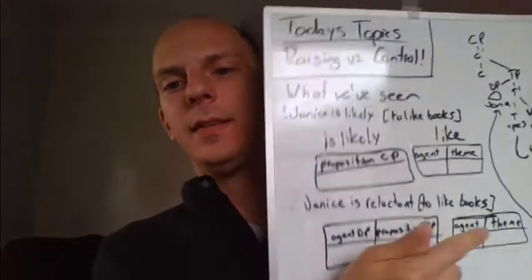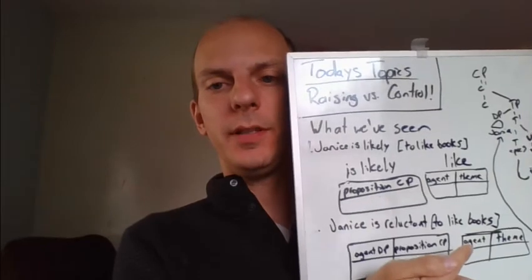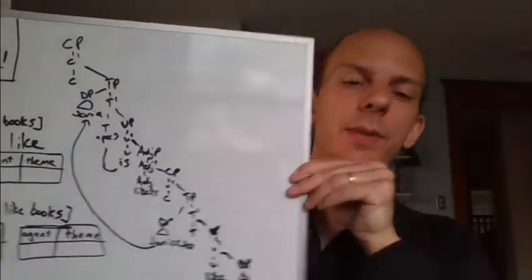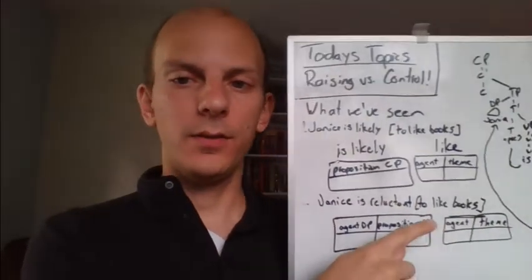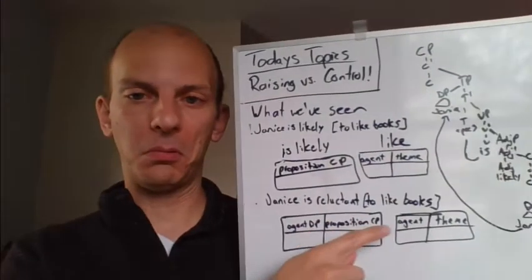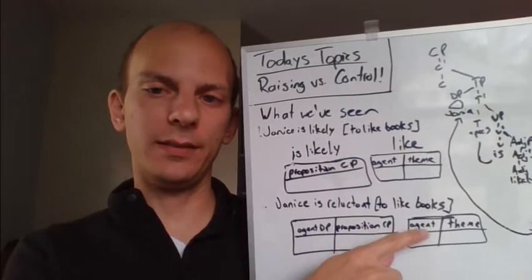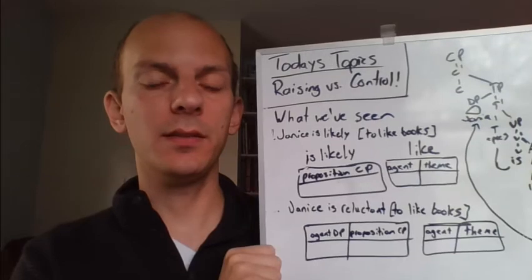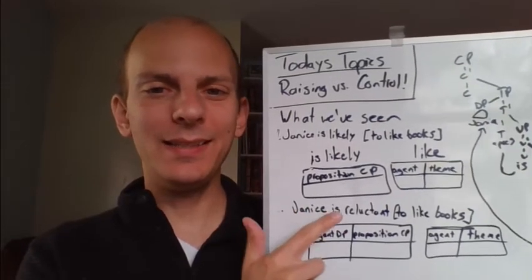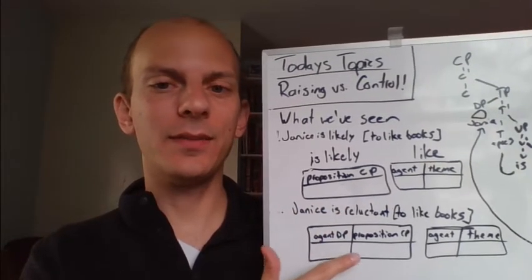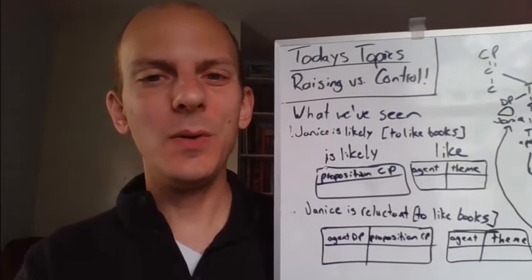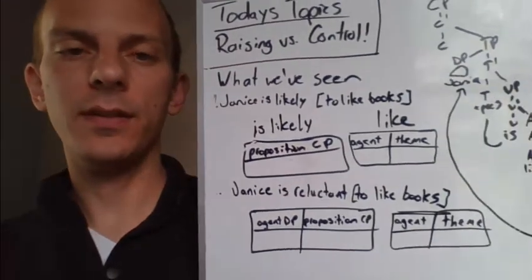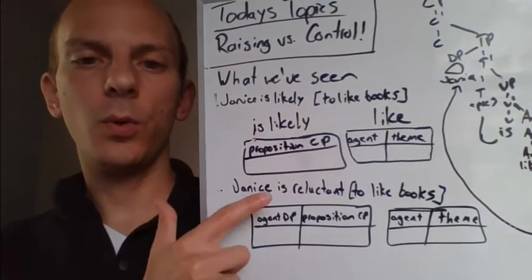So let's look at the theta grids. First we note that the theta grid for like, which I put over here, is identical. Like still takes an agent, it still takes a theme. Fine. But when we look at is reluctant and the theta grid for this, we note a very stark difference, and this is what we want to capitalize on.